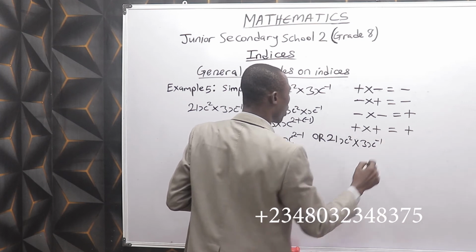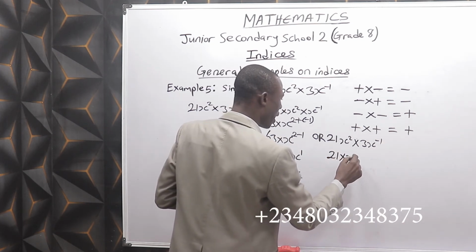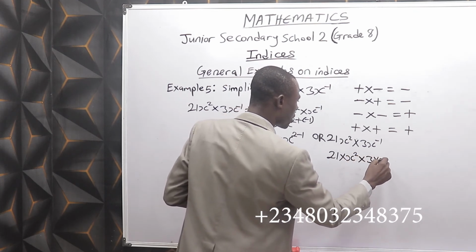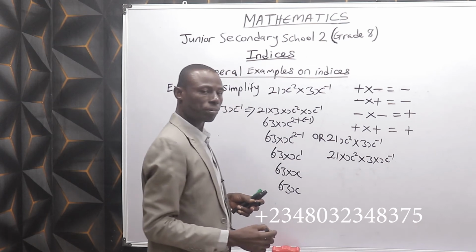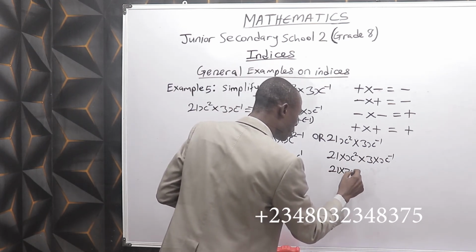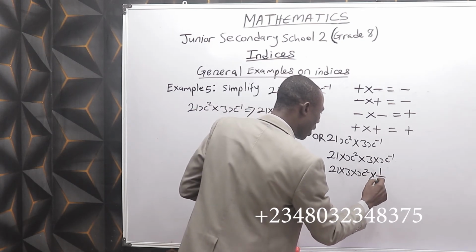raised to the power negative 1, expanding everything, 21 times x squared times 3 times x raised to the power negative 1. This is 21 times 3 times x raised to the power 2 times 1 over x.